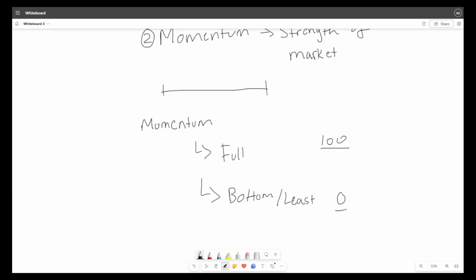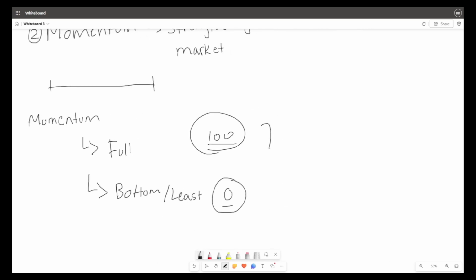So this is very key. When stochastic is at 0, this indicates that momentum has bottomed out, and when it's at 100, it indicates that the momentum has topped out. So from this, what we can gather is that when we see stochastic at 100 or 0, that means a reversal is incoming.